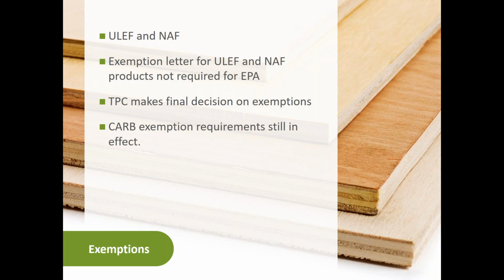The TPC, as provided by the regulation, is allowed to make the final decision for exemption. One thing to note, though, CARB is not unilaterally recognizing the same approval. So CARB will still require the exemption and executive letter for exemption for ULEF and NAF, and Lynn Baker will discuss that as well.